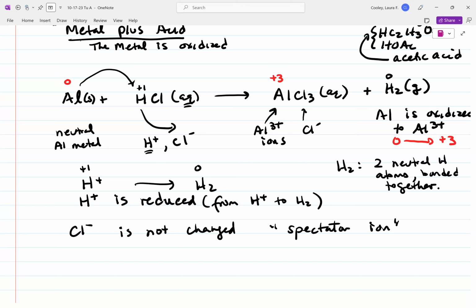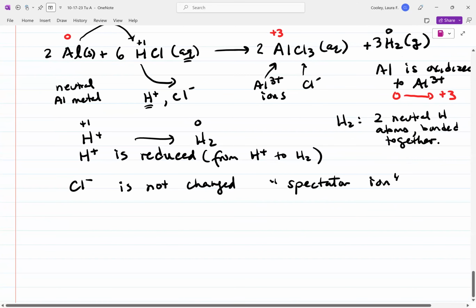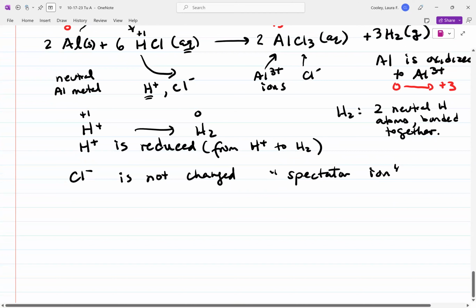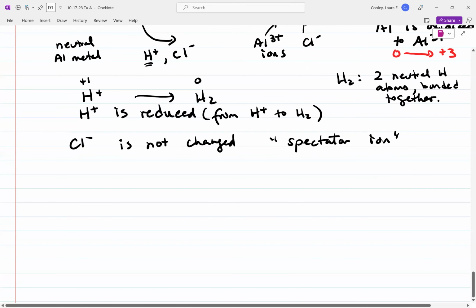I think to balance this, I'd have to have a 6, a 2, a 2, and a 3. Okay. All right, so that's the other kind of acid reaction. Metal plus acid, I should say, but not every metal will replace hydrogen. It depends on how active it is.